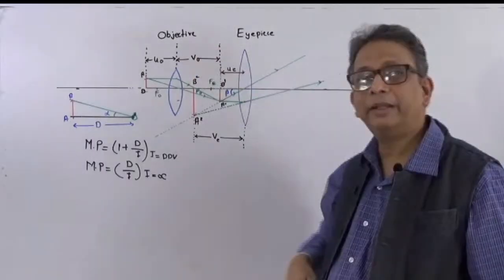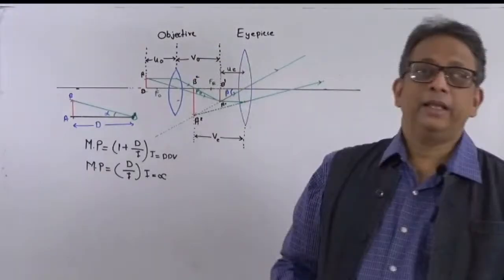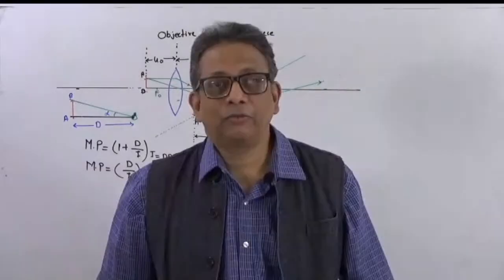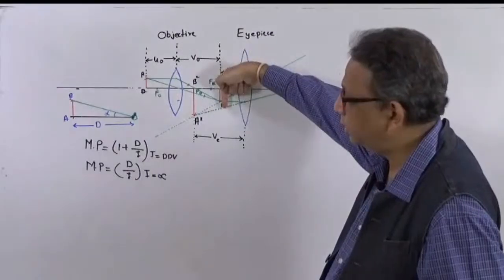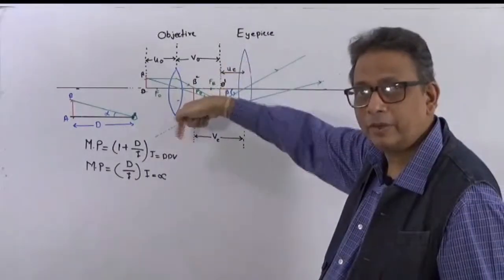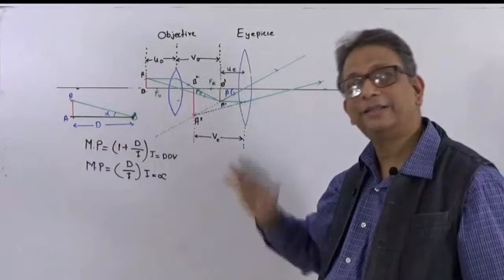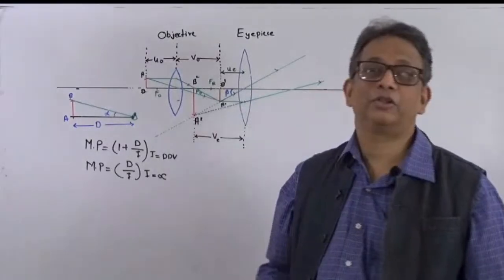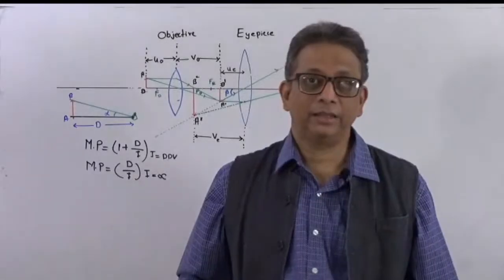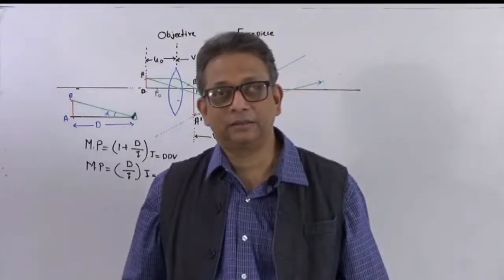Erect means what? Being erect means being in the same direction as the object. So here the direction of the object is inverted and the image is also inverted. Therefore we say the image is erect. This erectness is a relative term with reference to your object that is placed on the principal axis. Is that clear?